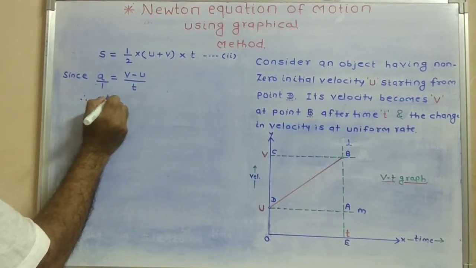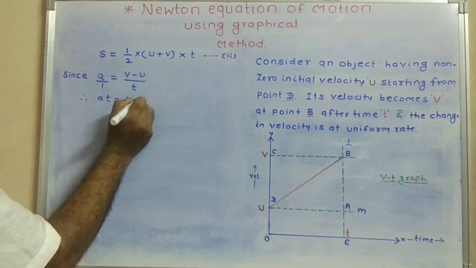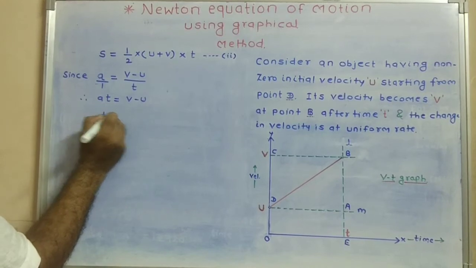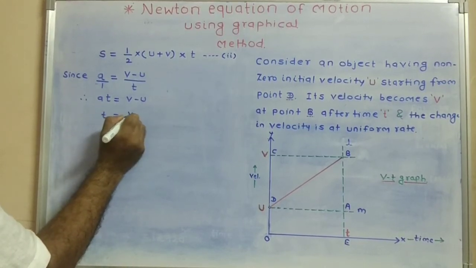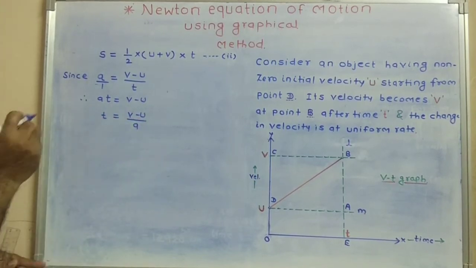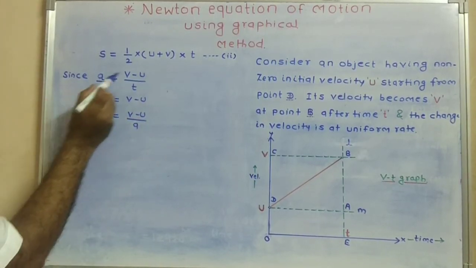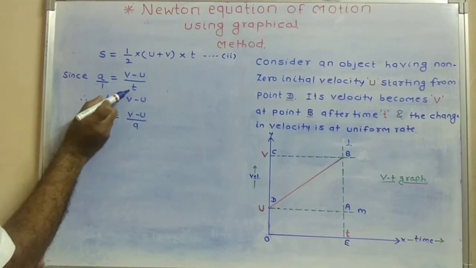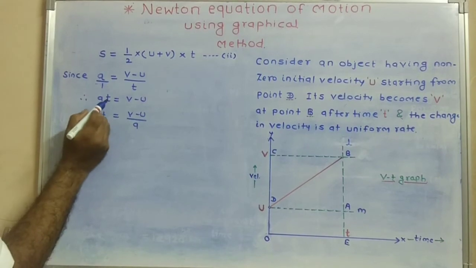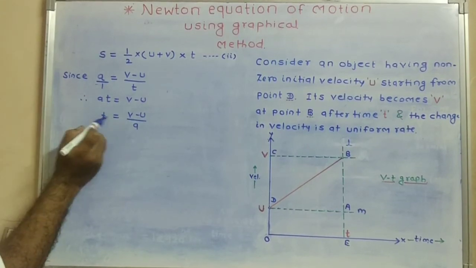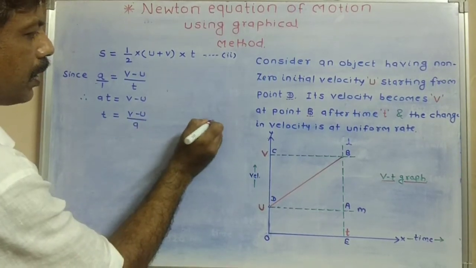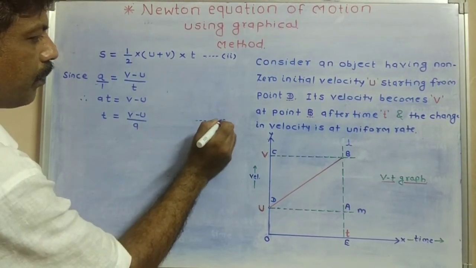A into T will be equal to V minus U. Now I want the value of T. Therefore, T will be equal to V minus U upon A. This is your equation number 3.